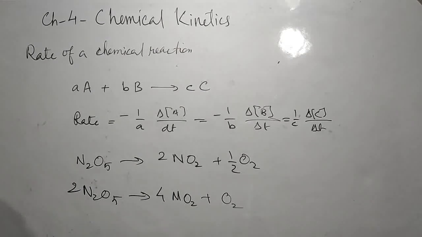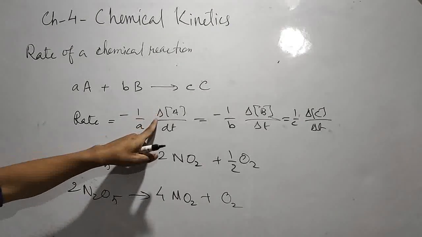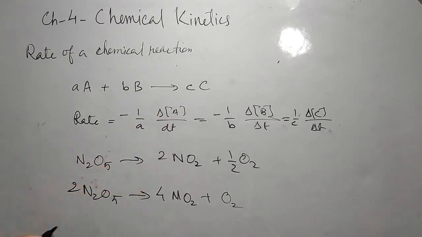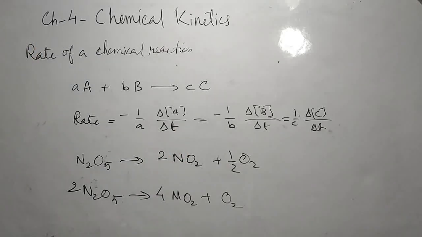Now moving on to the next one, that is instantaneous rate. So far whatever we were doing was for the average rate. For average rate we represent it by this form, delta C divided by delta T. Now for the instantaneous rate, suppose for example, a vehicle travels from one point to another point with certain velocities.